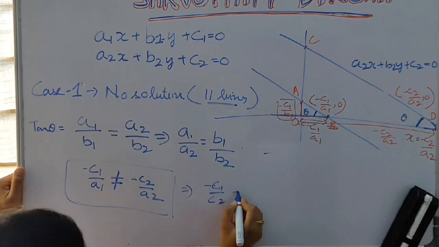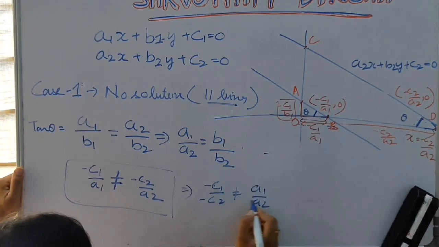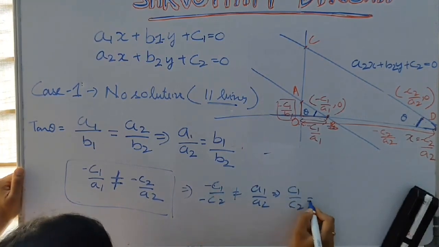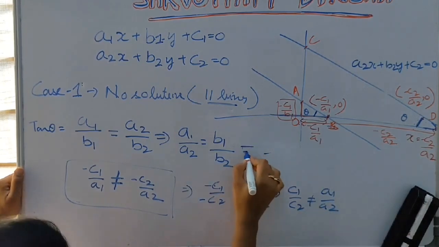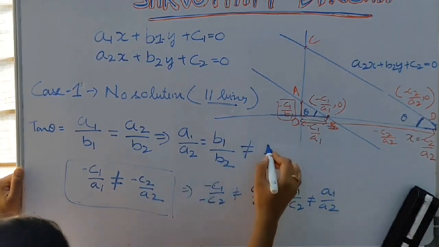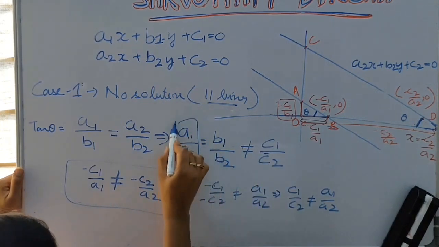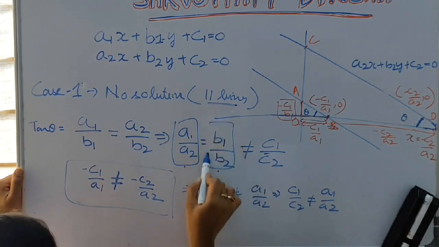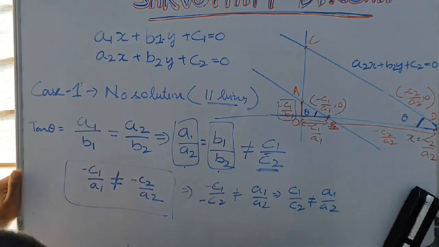Minus C1 by C2 not equal to A1 by A2, and these two minuses can get cut, so C1 by C2 is not equal to A1 by A2. Hence, the condition for my parallel lines is: this A1 by A2 should be equal to B1 by B2, but it should not at all be equal to C1 by C2.